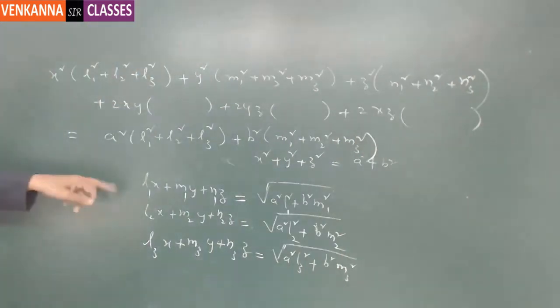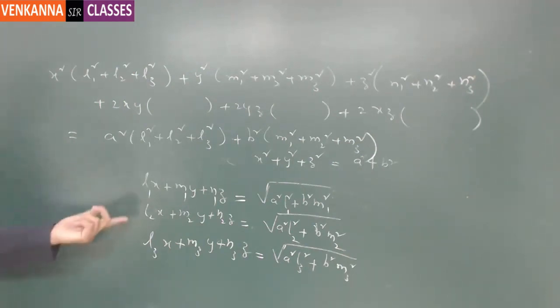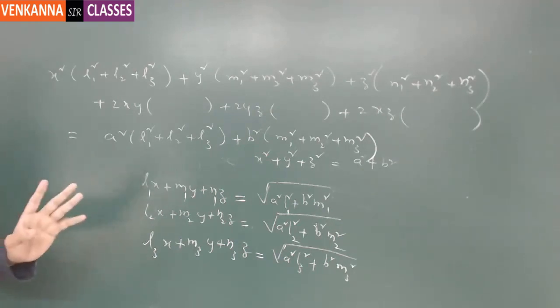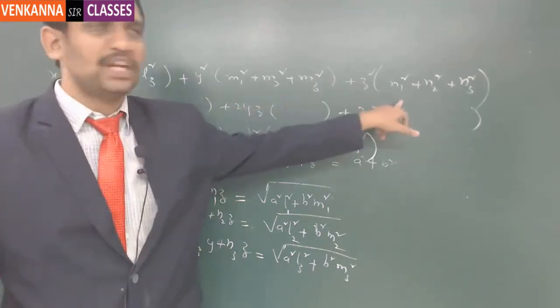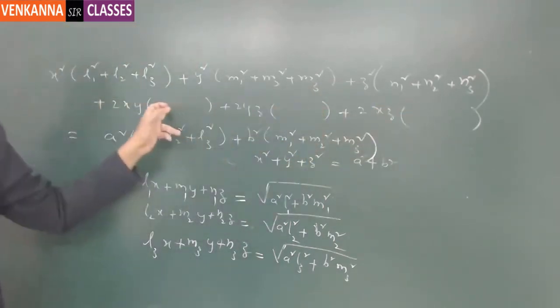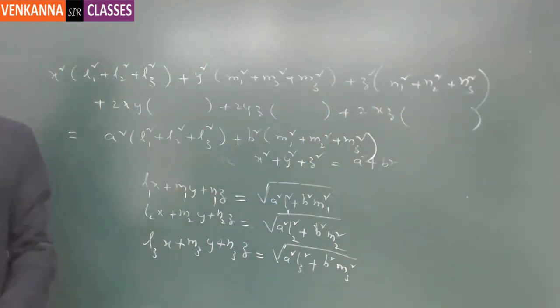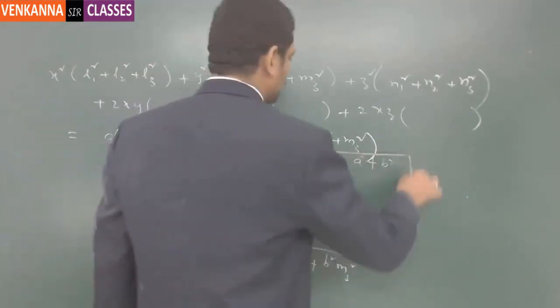So we are squaring both sides and adding all 3 equations. Since the planes are mutually perpendicular, the direction cosines will satisfy the respective properties. So this value is 1, this is 1, this is 1, and these other values become 0. Again, this is 1, this is 1.